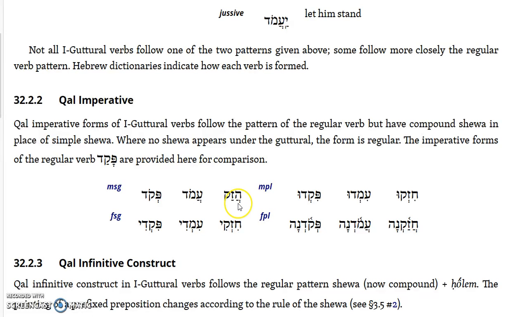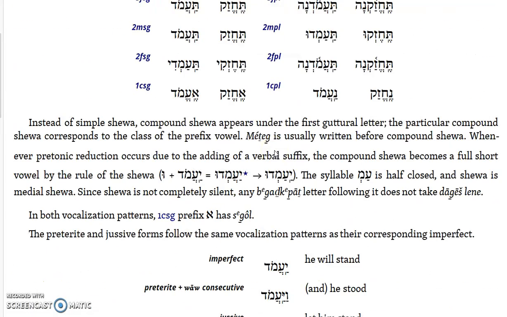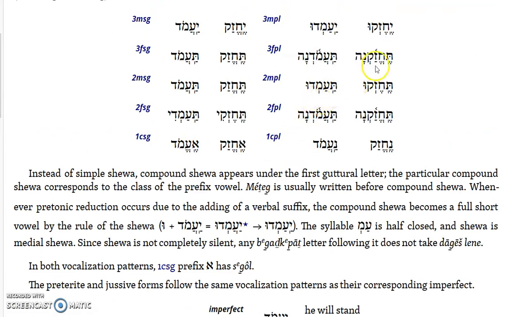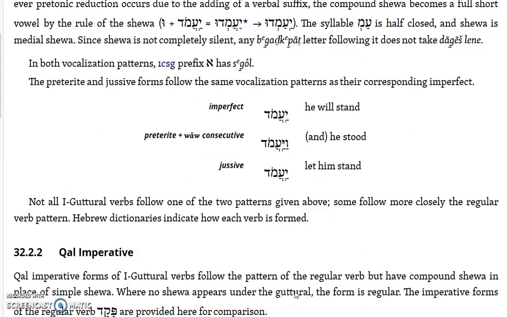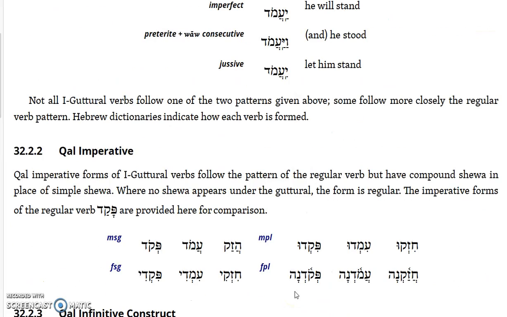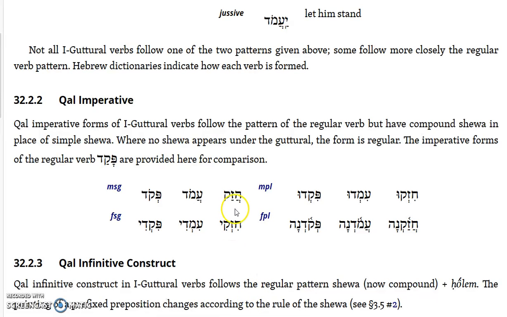Now, if you look back at the paradigm up here for chazaq, you mostly got segols, but when there's no preformative, you end up with the hataf patah. Now, when you make it imperative, feminine singular, the paradigm for the strong verb would be piqdi, and that does not try to put a shavah under a guttural, and so those are regular in the first guttural forms.